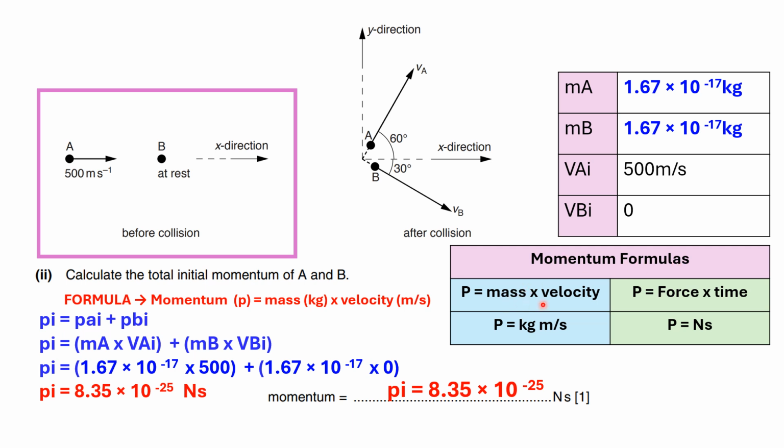One is mass times velocity, and the unit for mass is kilograms, velocity is meters per second, so the unit for momentum here is kilograms meters per second. The second formula is force times time. The unit for force is Newton, the unit for time is second, so the unit for momentum is NS, or Newton second.